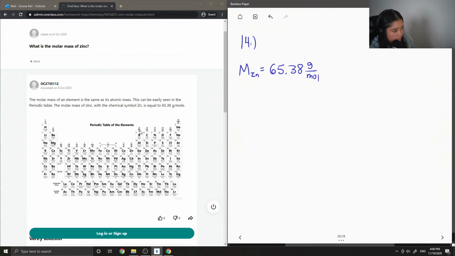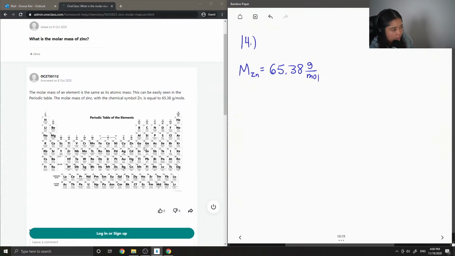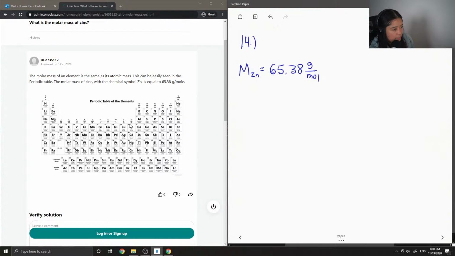Okay, so the junior tutor also had a periodic table of elements attached to the answer. So zinc can be seen here, and its atomic mass is right below the chemical symbol. So it's the smaller font that you can't really read right now. So don't get confused with the mass number by the atomic number for zinc.